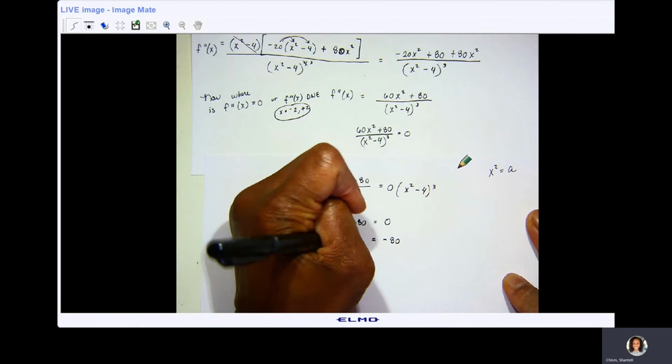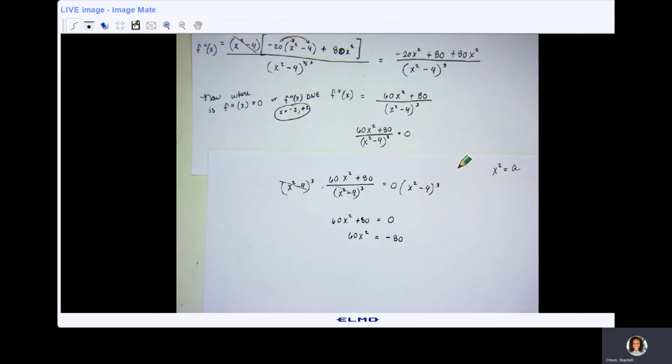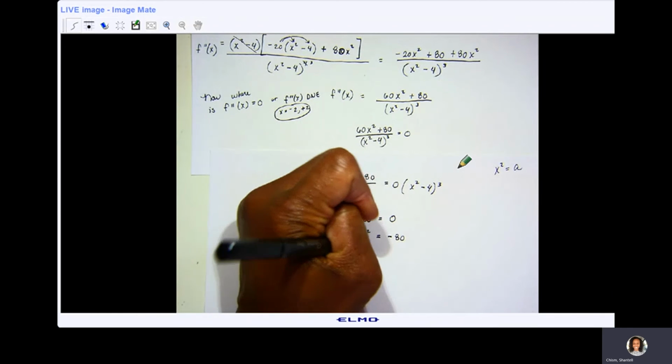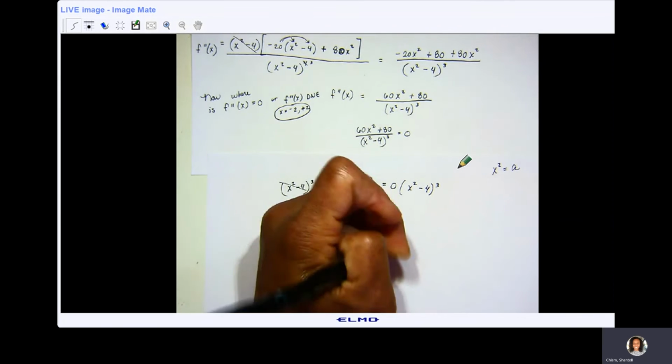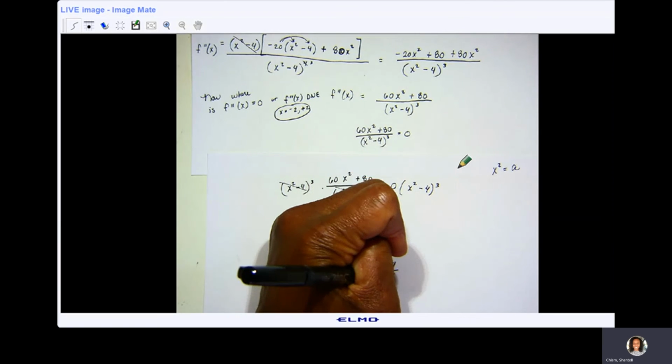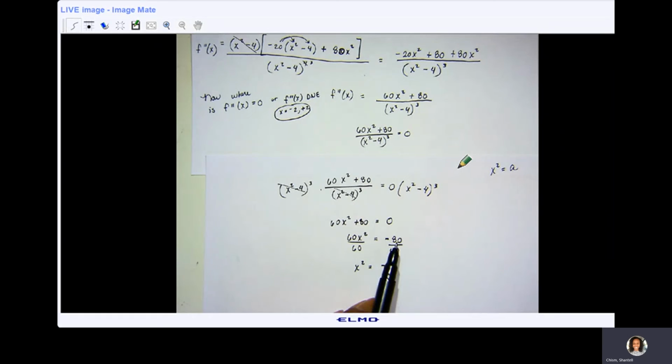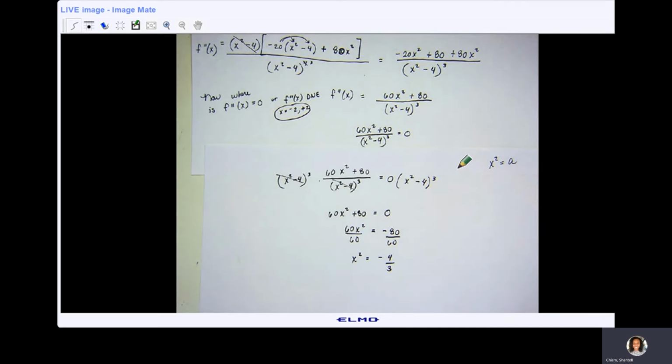So I've got 60x squared equals -80. I'm going to divide by 60. So x squared equals what? -4/3. Because 20 goes into both of them. The zeros cancel, and then 8 over 6 reduces to 4 over 3.